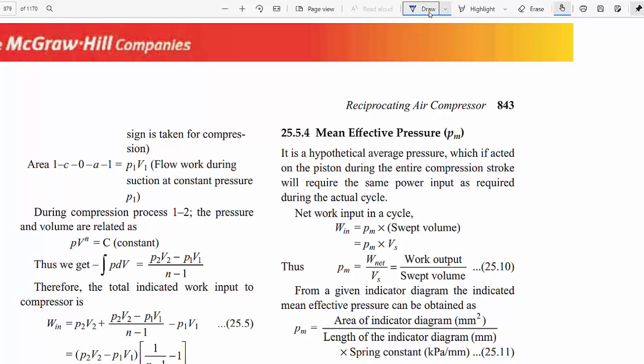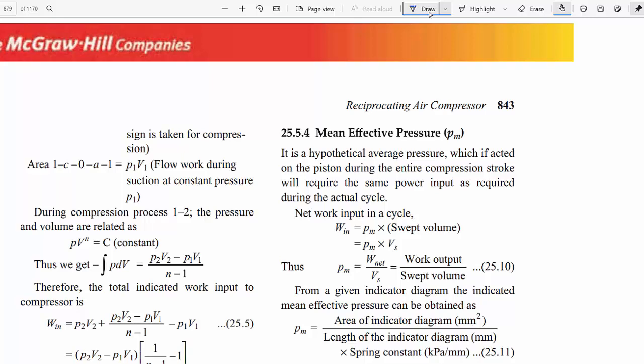Now we come to the compression process alone, process 1 to 2. Here the theoretical PV process is a polytropic process, which is PV^n equal to constant, where n is the polytropic index. From minus integral of PdV we get P2 V2 minus P1 V1 divided by n minus 1.